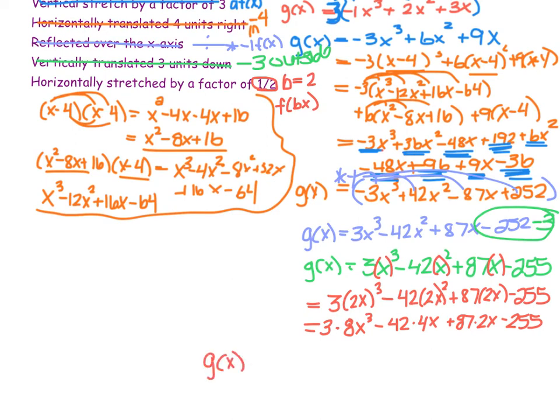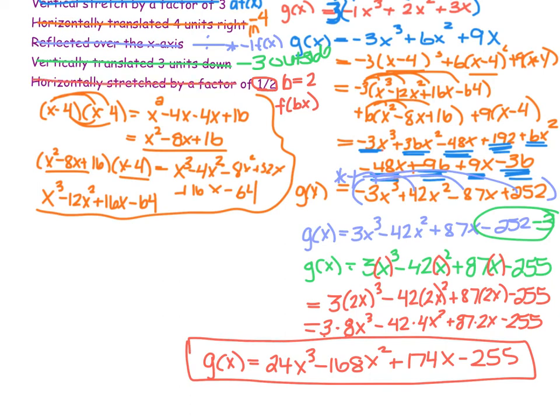So our final answer here is going to be, okay, 3 times 8 is 24x cubed. Then we have 4 times 42, which is 168x squared, plus 87 times 2 is 174x minus 255.